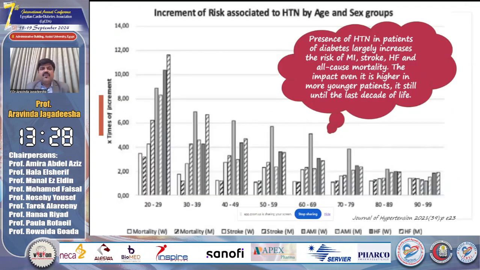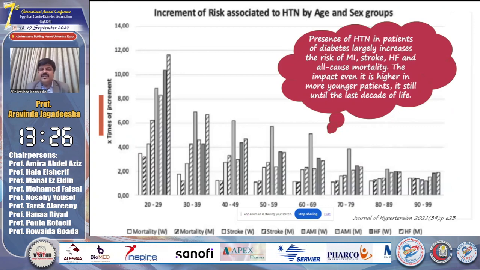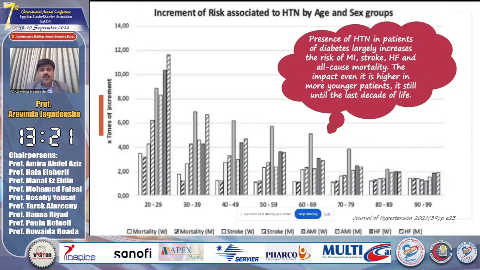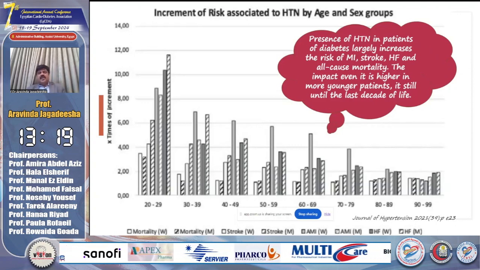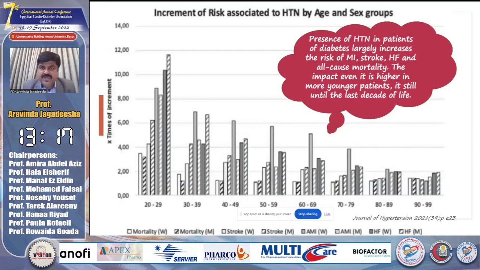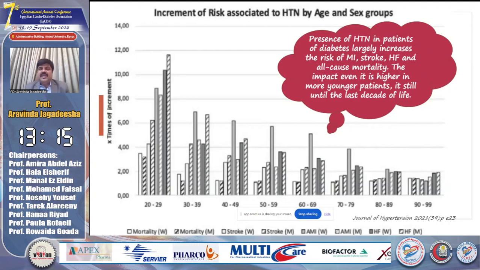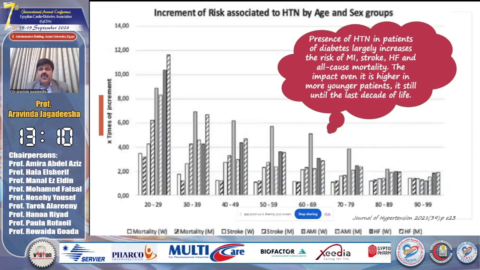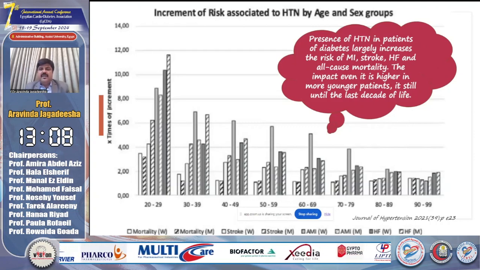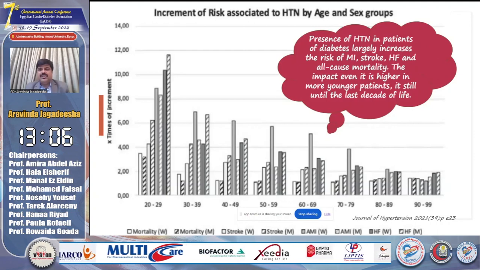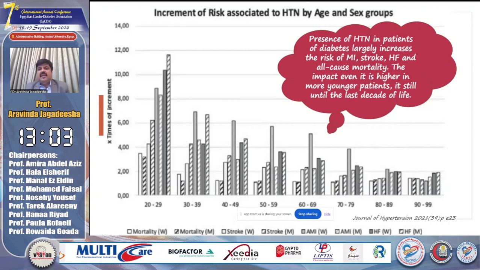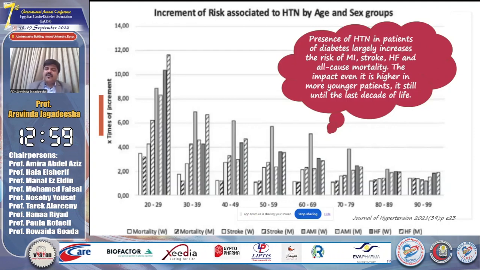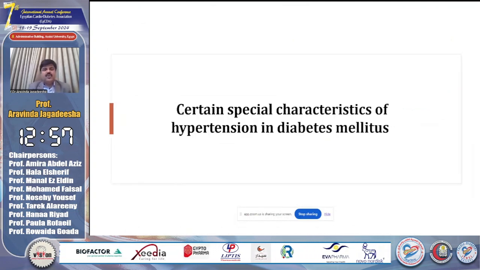So, the increment of risk associated with hypertension based upon age and sex group: you can see in this slide the presence of hypertension in patients with diabetes largely increases the risk of MI, stroke, heart failure, and all-cause mortality. The impact is higher in younger patients, and it persists until the last decade of life. This is the slide which shows the increment of risk of hypertension by age and sex group.